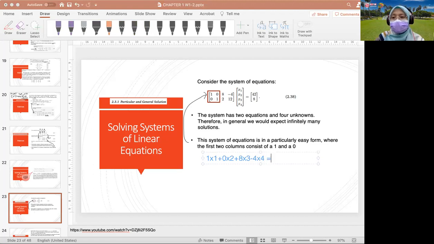We multiply with positive and get negative, which equals 42. This is the first equation.